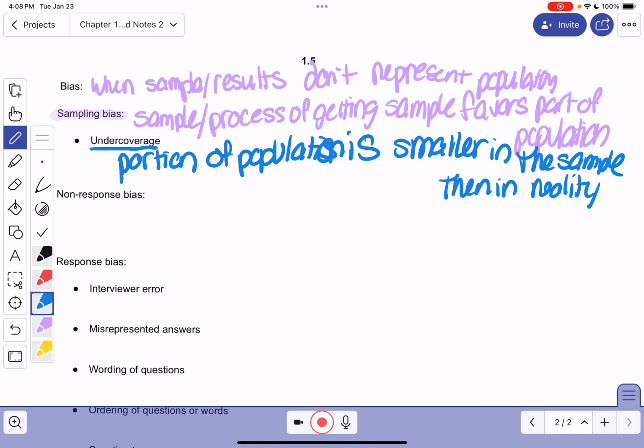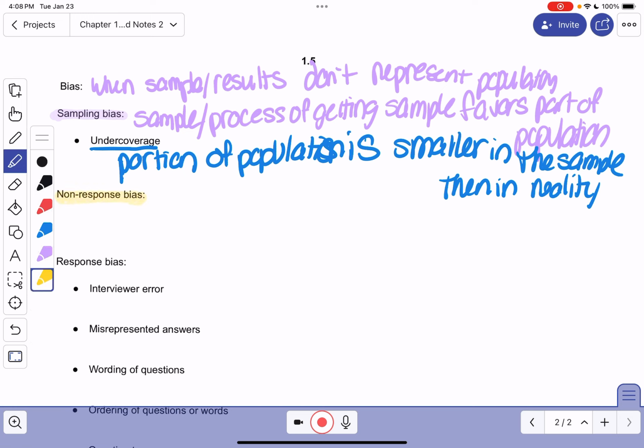We talked about stratified samples and how you want those to be representative of the percents. So if you should have had 50% of this group, but in your sample you only had 20%, you're undercovering the percentage that you should have.